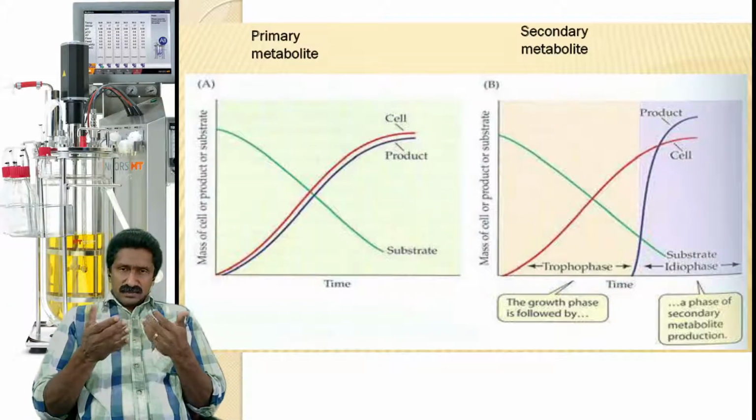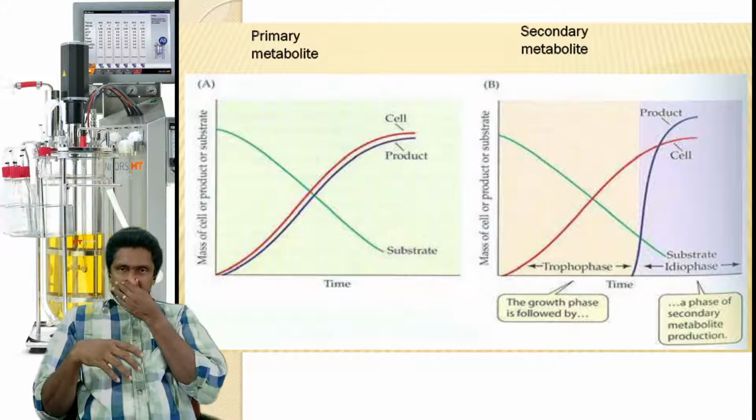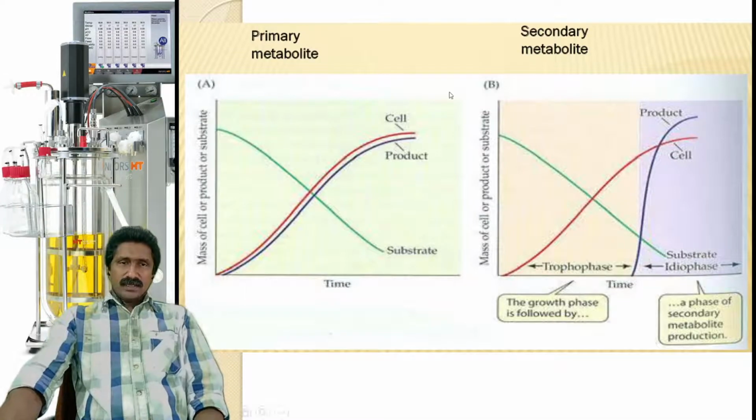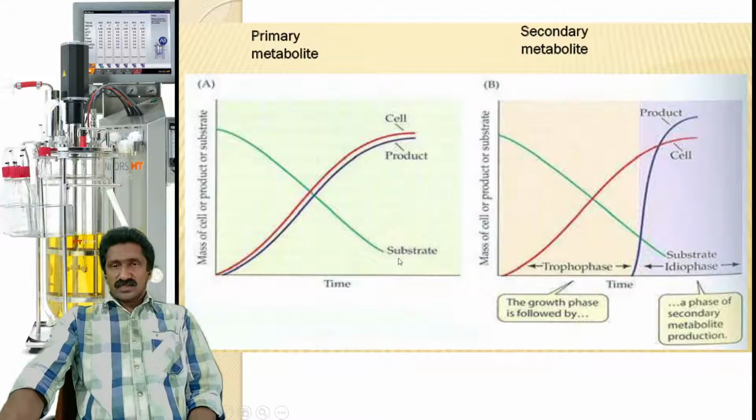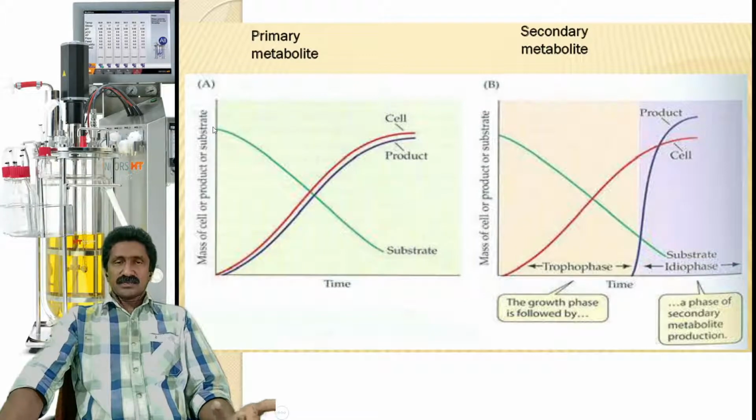And this is another picture which shows a decline in the substrate concentration. Initially the media will have 100% substrate concentration, but during the cell mass increase and primary metabolite production in the log phase, the substrates will be continuously utilized and will decline.